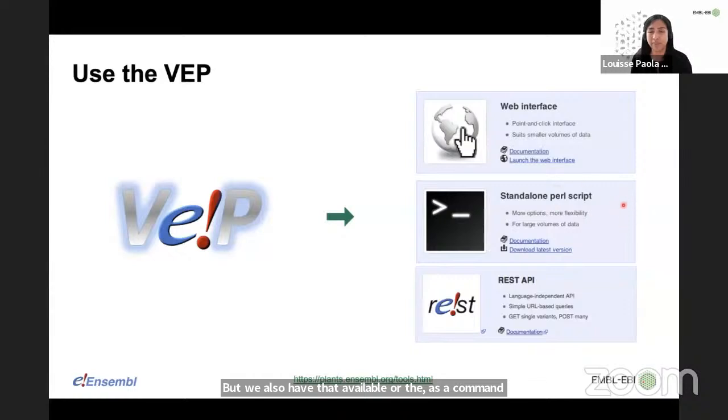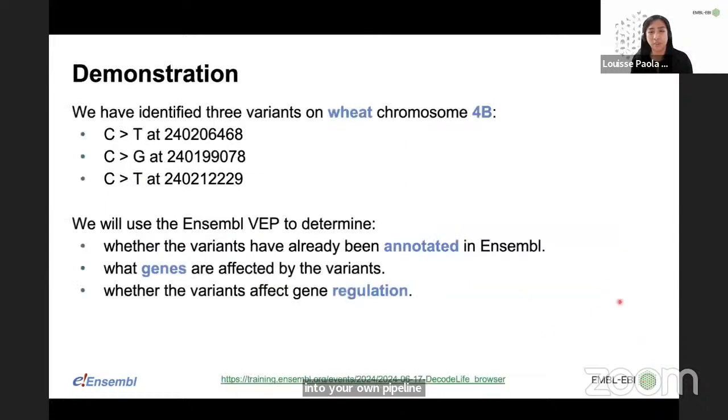This is very useful if you have large amounts of data and you want to run it on your own machine. Or you can access VEP via the REST API, if you want to, for example, integrate the tool into your own pipeline. With that in mind, let's move straight on to the demonstration.